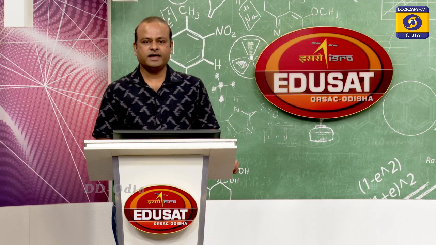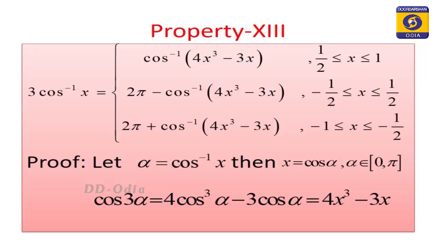So let us take the formula for 3 cos inverse x. 3 cos inverse x is cos inverse (4x cube minus 3x), the condition being 1 by 2 less than or equal to x less than or equal to 1; 2 pi minus cos inverse (4x cube minus 3x), for minus 1 by 2 less than or equal to x less than or equal to 1 by 2; and 2 pi plus cos inverse (4x cube minus 3x), for minus 1 less than or equal to x less than or equal to minus 1 by 2. Remember all the conditions and the corresponding formula for each.